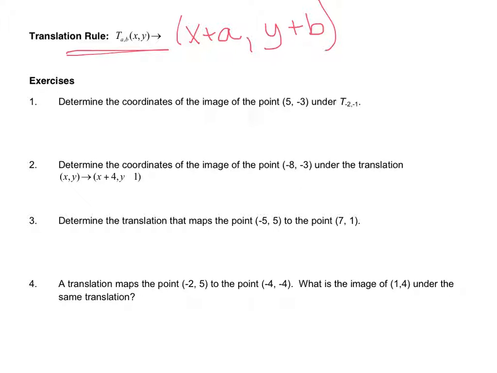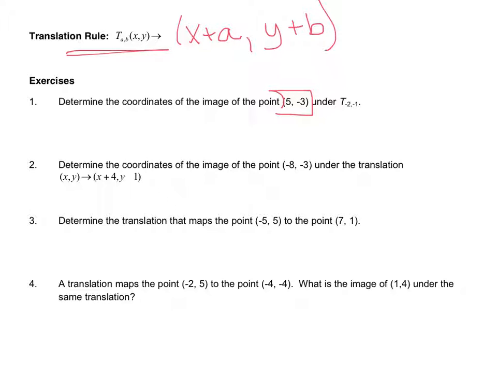We're going to try a few examples where we don't have the coordinate grid in front of us, but we're still going to use our translation. So determine the coordinates of the image of point 5, -3 under translation of T, -2, -1.